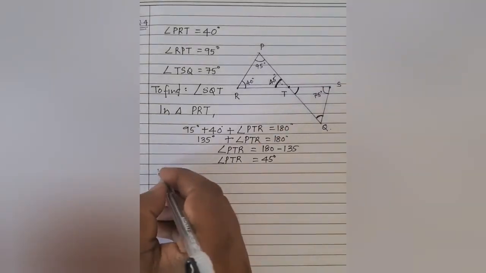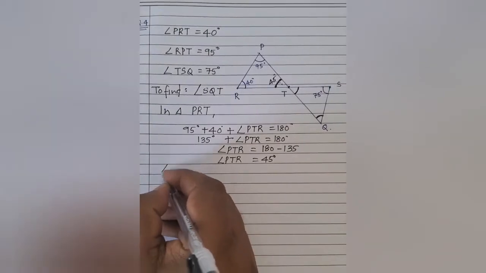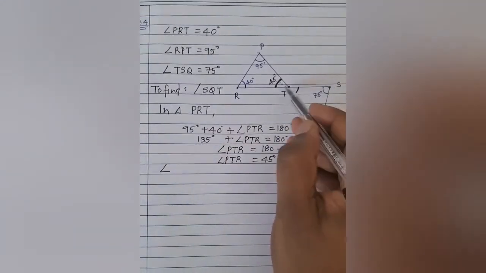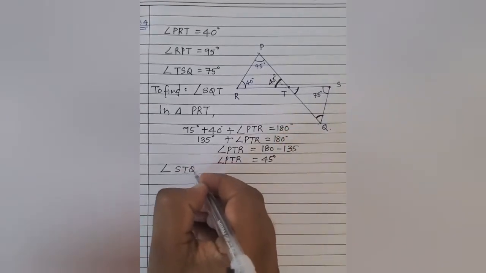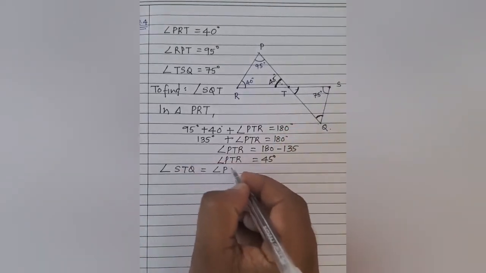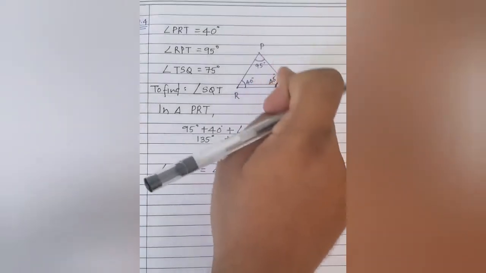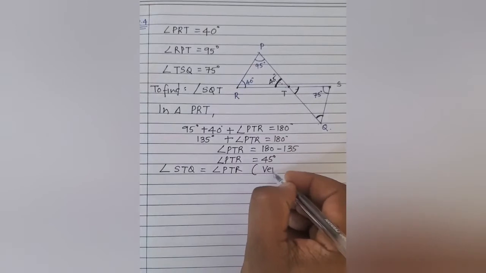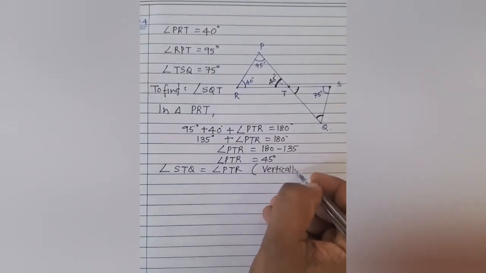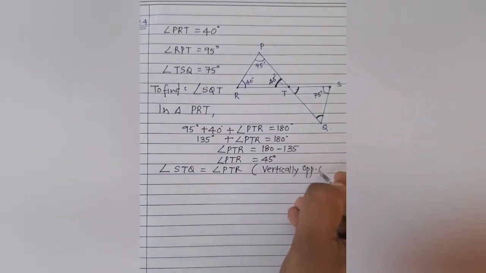So, in the next step, I will write that angle STQ, that is this angle, is equal to angle PTR, that is this angle. Why? Vertically opposite angles are they. Okay?